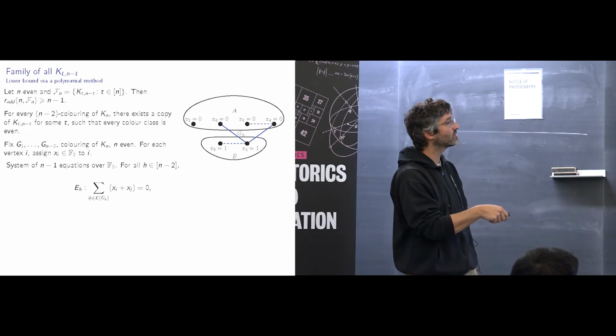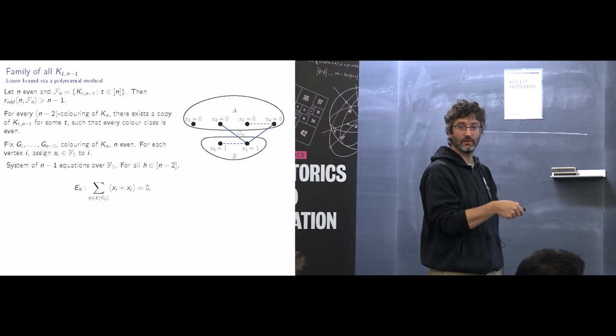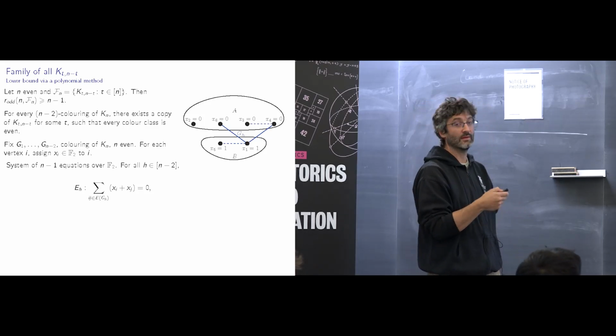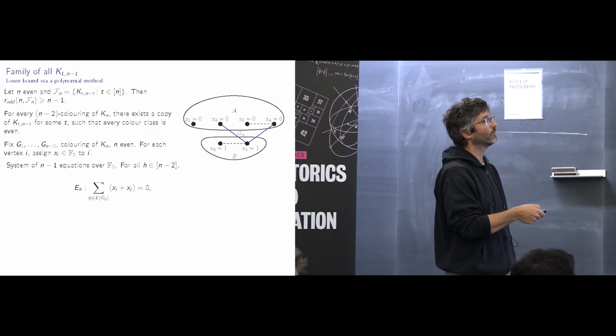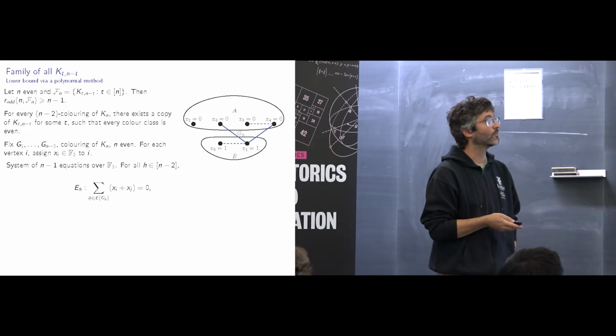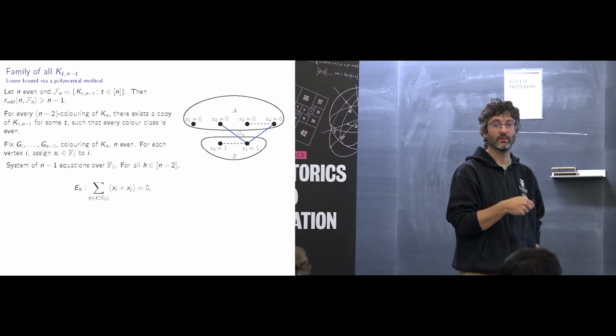So if that equation is satisfied, you look at the edges that go across here. The total sum is 0. So the total sum is even. But every edge contributes exactly 1, being 0 and 1. So I know that I'm going to have an even number of edges between A and B in that specific color.